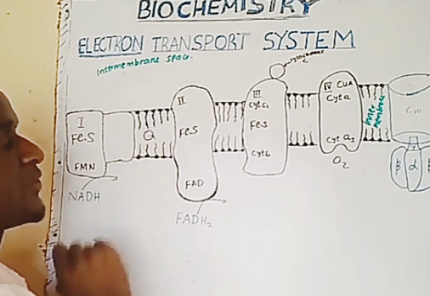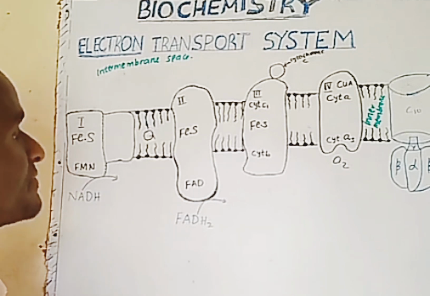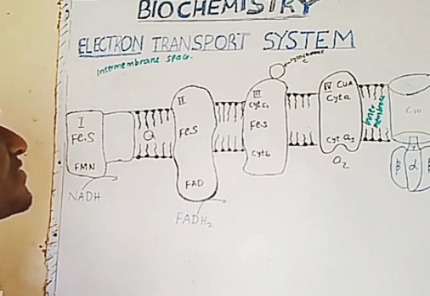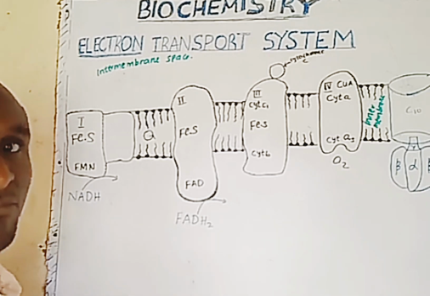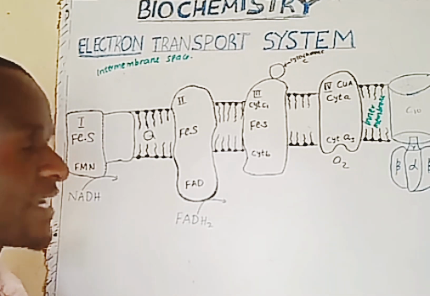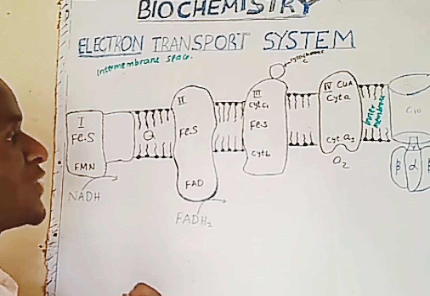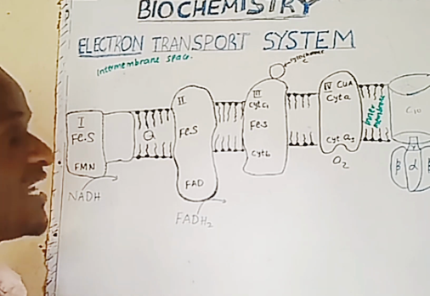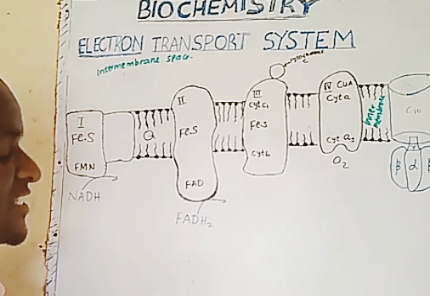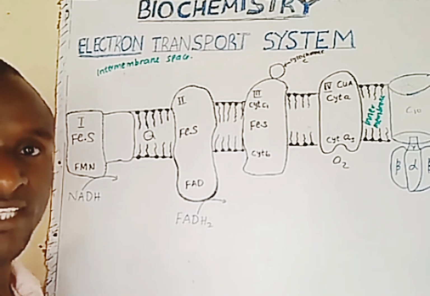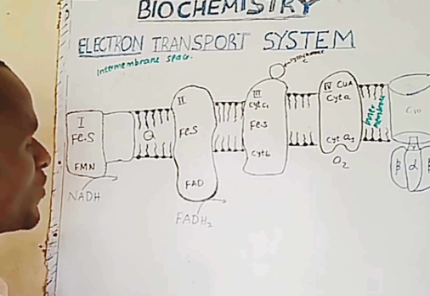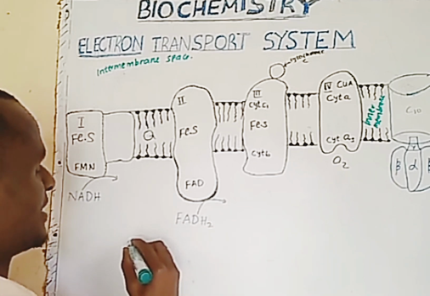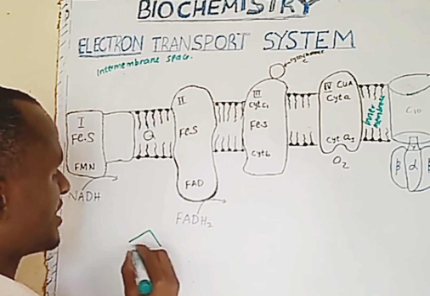So coenzyme Q is highly hydrophobic. So it dissolves in the inner membrane of the mitochondrion and transfers electrons. What makes our coenzyme Q highly hydrophobic is its long tail of 10 isoprene units. It also has a quinone ring. So let's look at the structure of coenzyme Q. So this is the structure of our coenzyme Q.